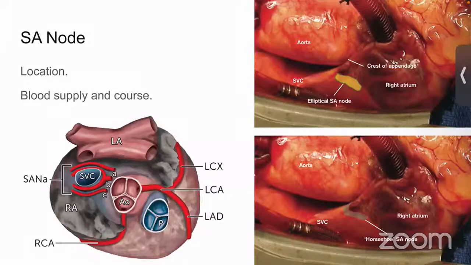According to the studies, the course differs depending on whether it is anterior to the SVC, posterior, or around the junction. In 60% of patients it comes in front of the junction, in 33% behind the junction, and in 7% around it, as you can see in the left picture.